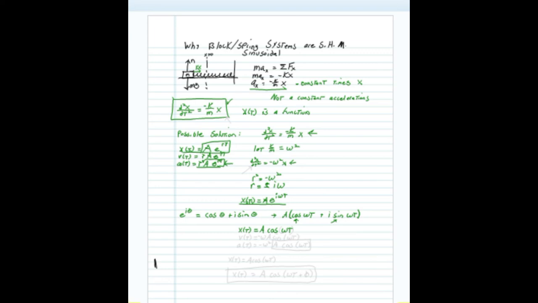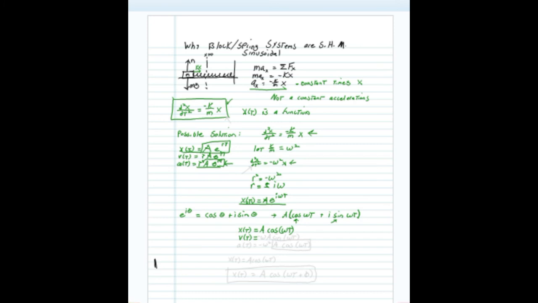And if you want to check that, check it by taking its derivative. The derivative of x would be velocity, and the derivative of a cosine omega t would be, think about the chain rule, you would take the derivative of what's inside and bring it out in front.